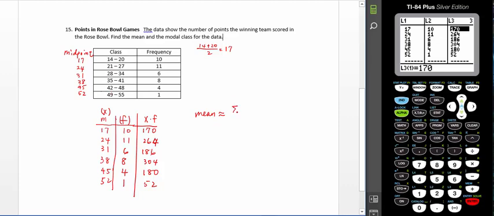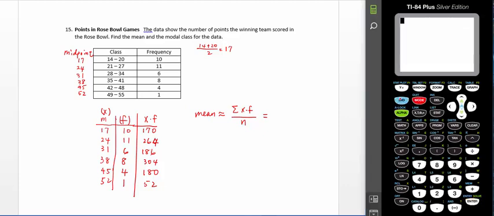It's going to be the sum of x times f divided by n, the number of data points in your table. So the sum of x times f will be the sum of L3. Second Quit, second Stat, over to Math, number 5, sum of L3.